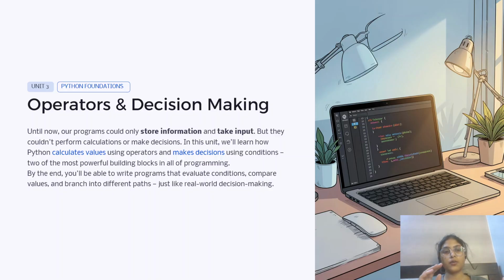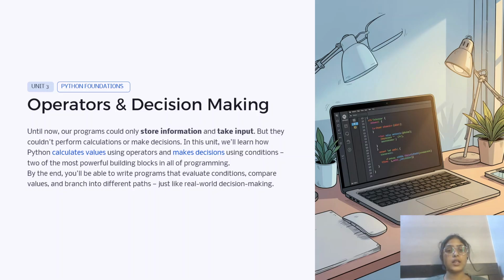The motive of today's lecture is to build a good foundation in operators and decision making. We are going to first cover operators, and if needed, we will create a separate video for decision making. So let's start.